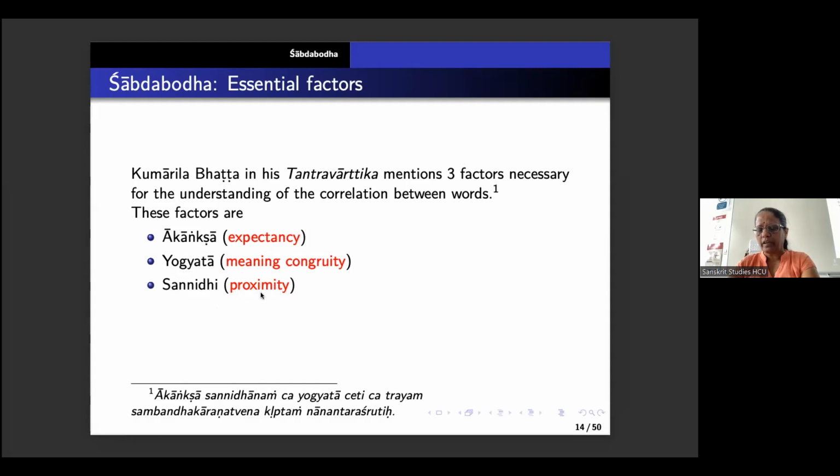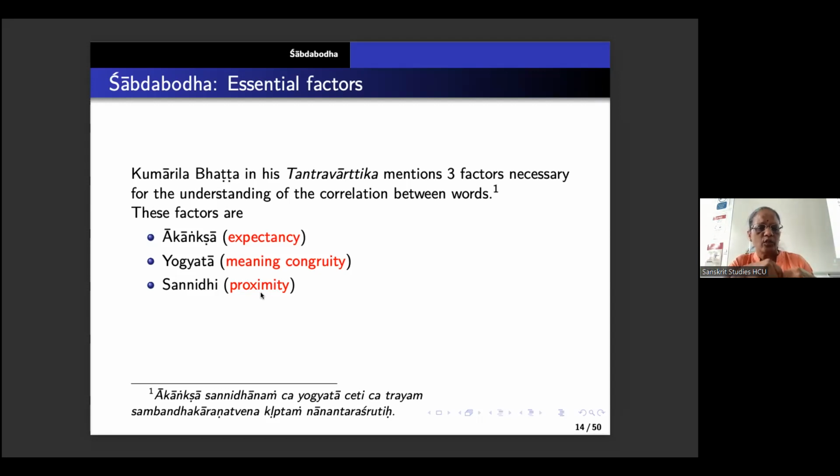So if we look at what they are trying to do, there are words in a sentence. Now we need to find out which words are related to which, and there are certain constraints. Not that any word can relate to any other word. The constraints say that the words should have expectancy for each other. They should be meaning-wise congruent.